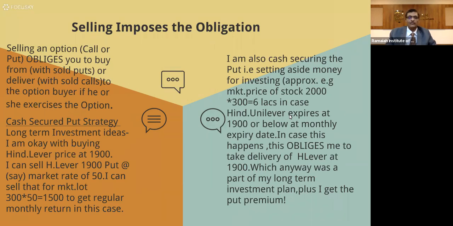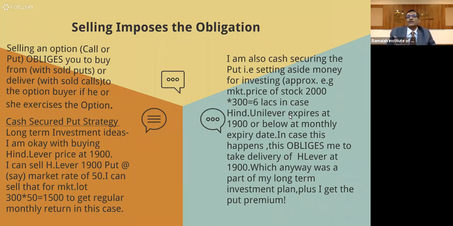So one lot would fetch 1,500 as a monthly return in this case, right? And when do I get this return? Let's say I sold the put of 25th June, which is the monthly expiry. If the price of Hindustan Lever doesn't touch 1,900 or below, I have pocketed that 1,500 rupees, right?